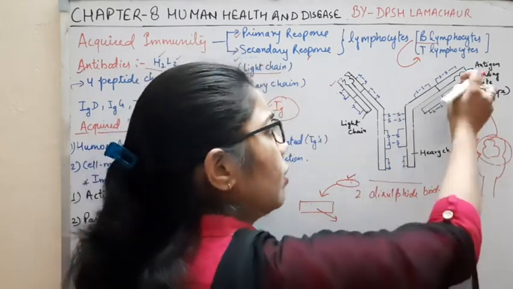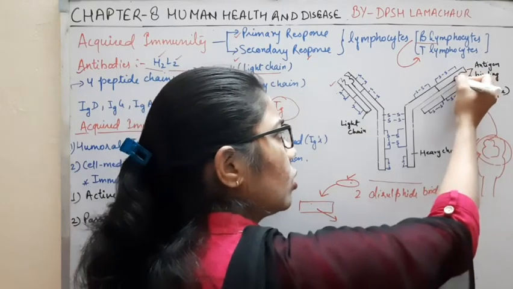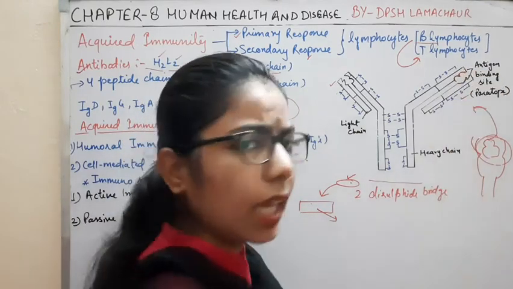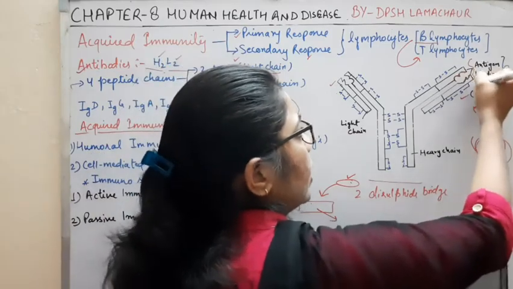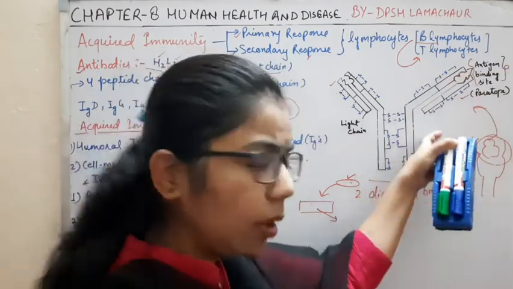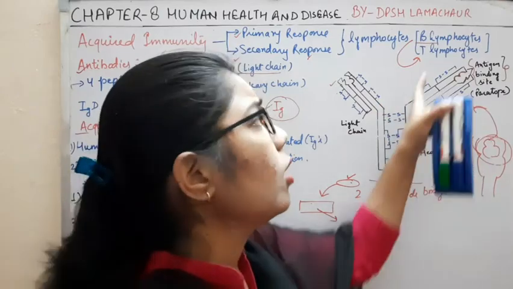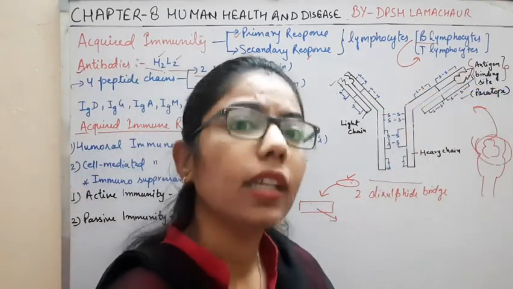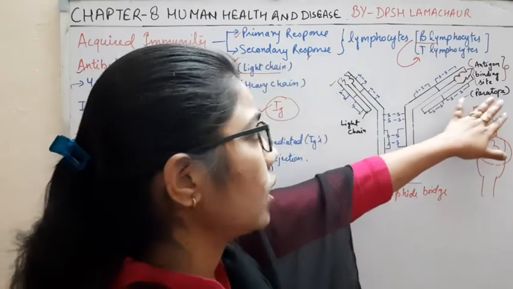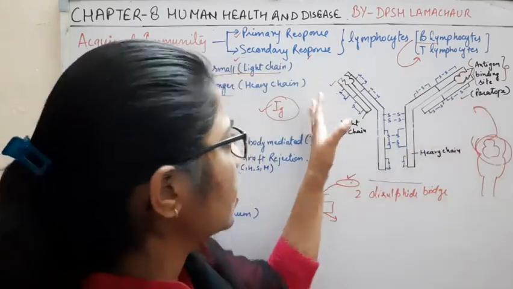So when there is this binding, what will you call this site? You will call it the antigen binding site. In the antibodies, the site where the antigen binds is known as the antigen binding site, and it is present here as well as at this site also.